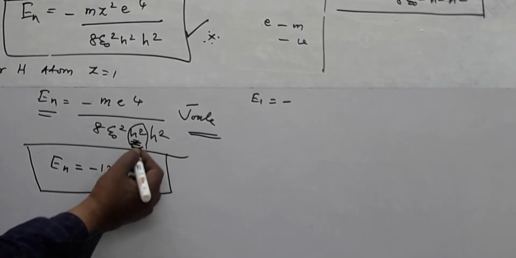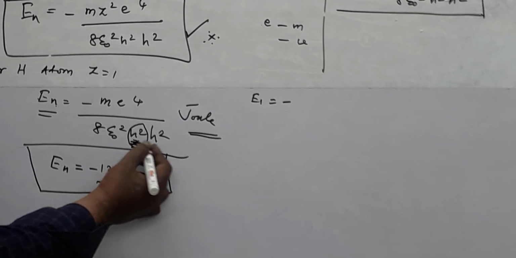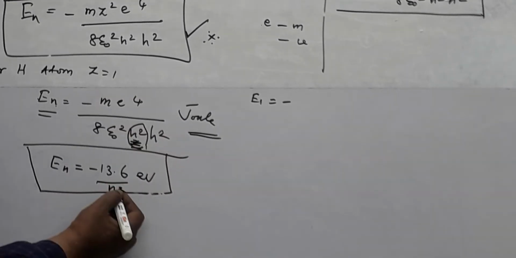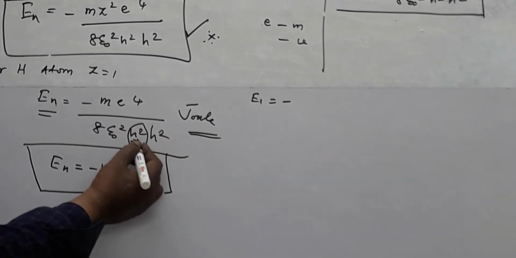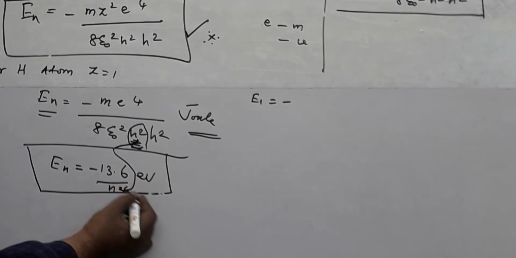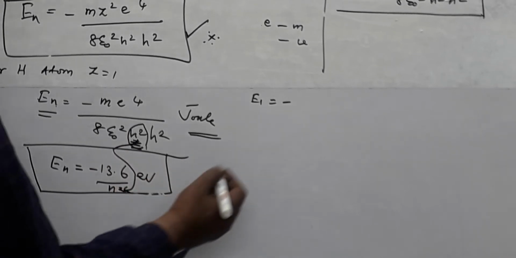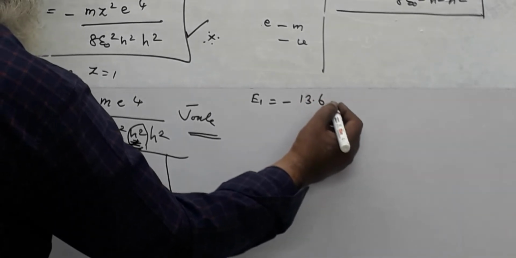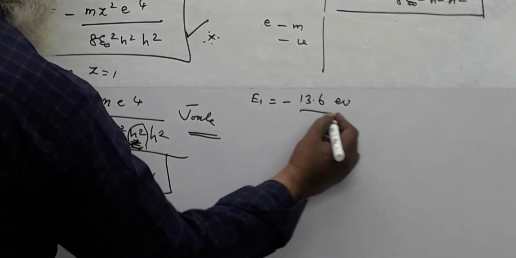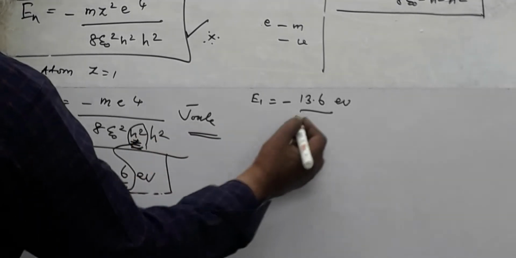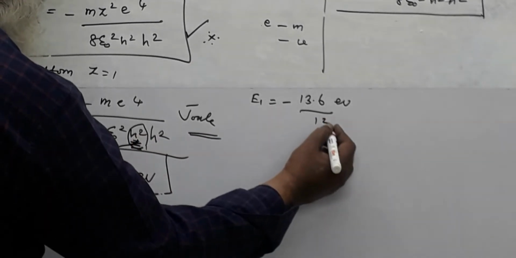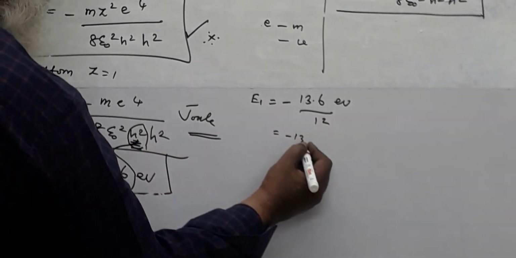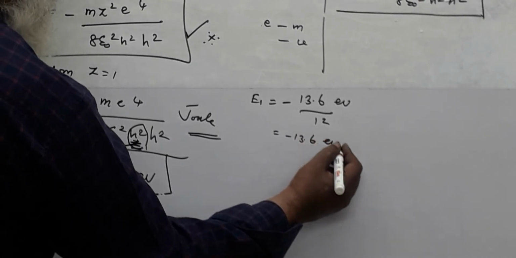This is constant, and n is the variable, with the remaining all known values. That's why we have to put n square here. So minus 13.6 electron volt by 1 square, for the first orbit, is equal to minus 13.6 electron volt.